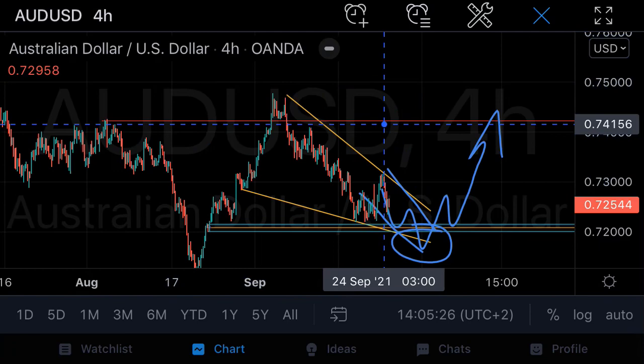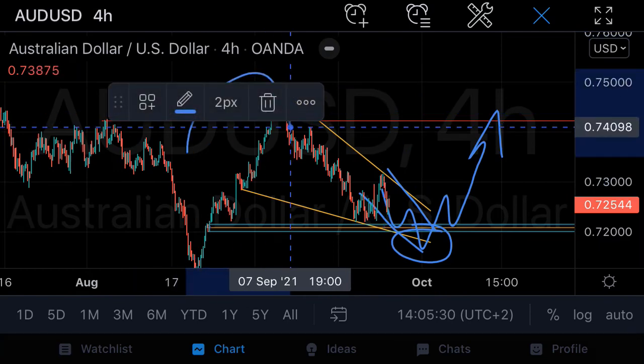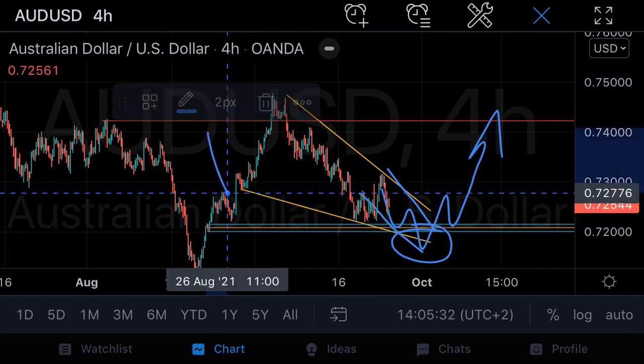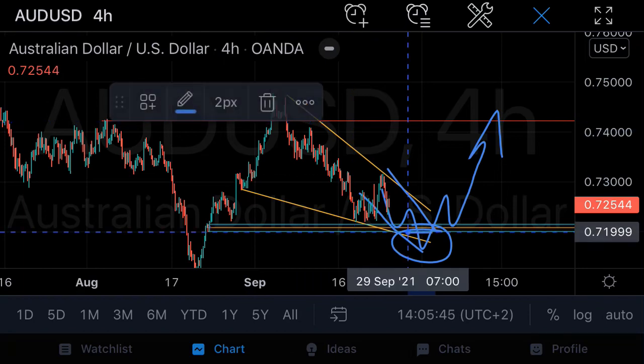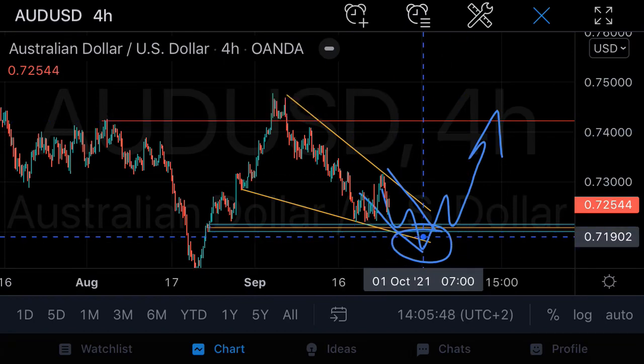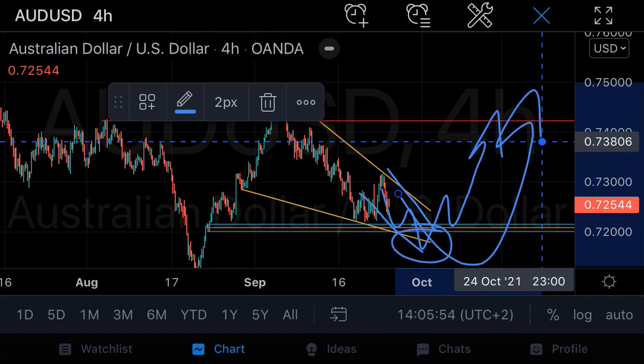And because AU is inversely correlated to the DXY, when the DXY is making that move to the downside, AU should be making its moves to the upside. So using correlation, this AU bias does align with our bias on the DXY. We're expecting short-term bullish momentum, so bearish momentum on the AUDUSD, and then long-term bearish momentum on the DXY, which means long-term bullish momentum on AU.